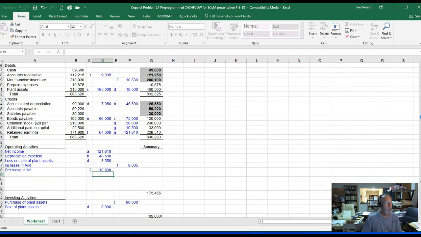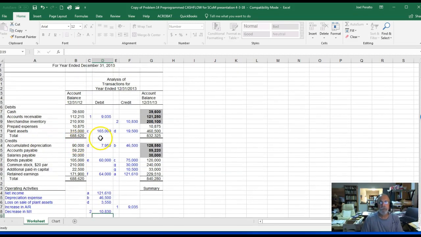Okay, next account is, and again, as we move forward here, we need to make sure that our balances are correct. Prepaid expense account, let's see, that went from 10,875 to 11,400, or an increase of 525.